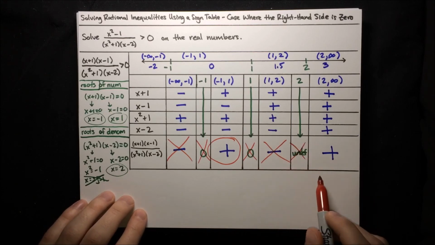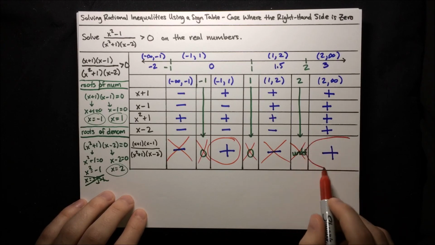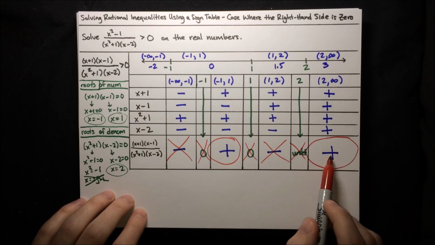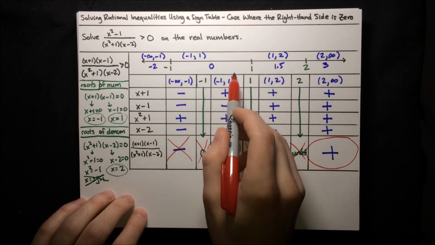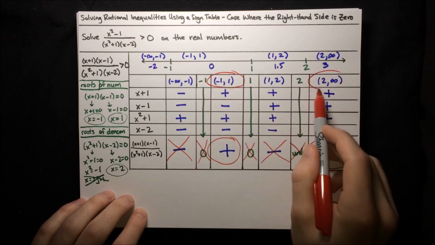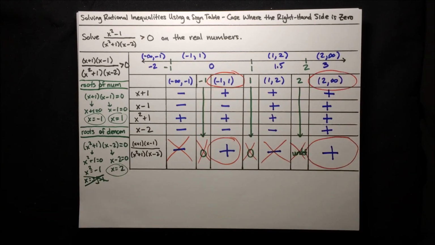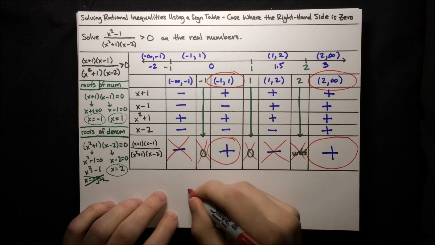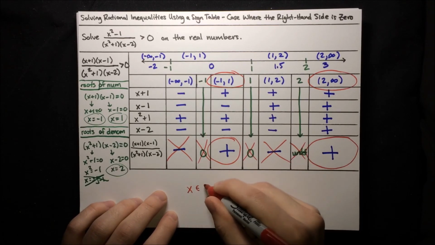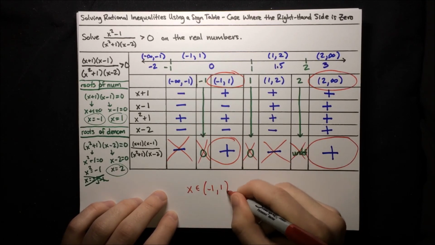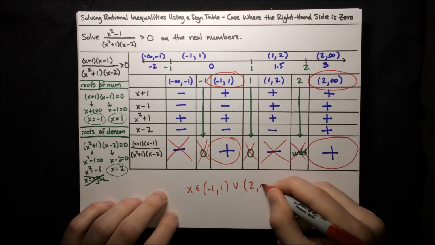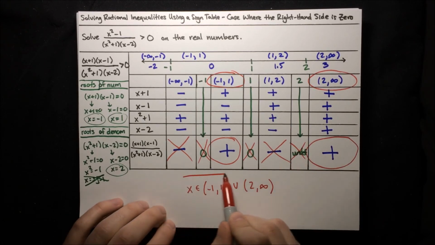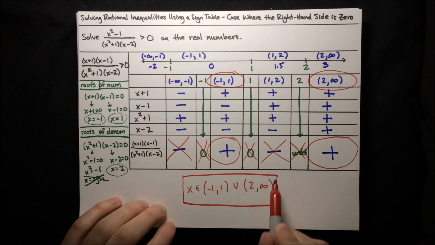Undefined is not going to work either, but positive, again, will work. And those positives correspond to the intervals negative 1 to 1, and 2 to infinity. The solution is then just the union of these two intervals. x is an element of (-1, 1) union (2, infinity). And there we have it, we're done.